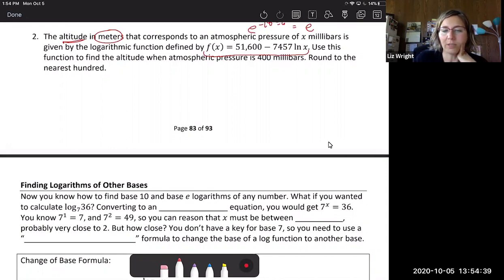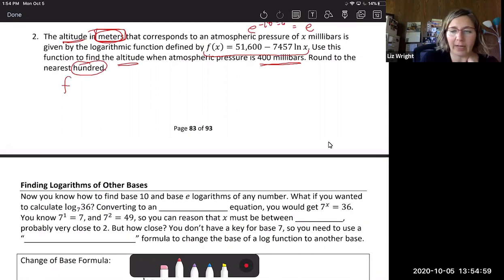Use this function to find the altitude when atmospheric pressure is 400 millibars. And so again, we're finding the altitude in meters. So meters is going to be our label that we put on at the end. And we are supposed to round to the nearest hundreds place.